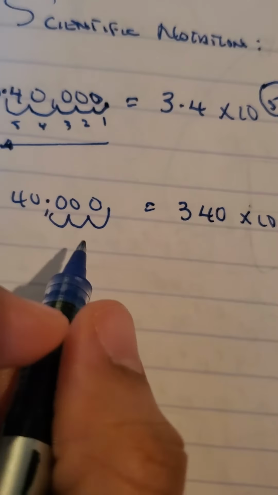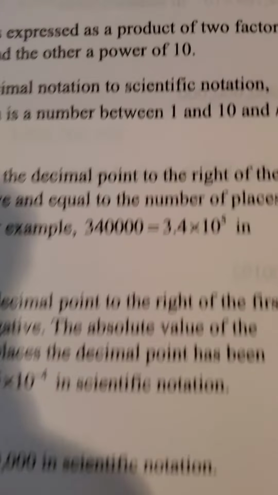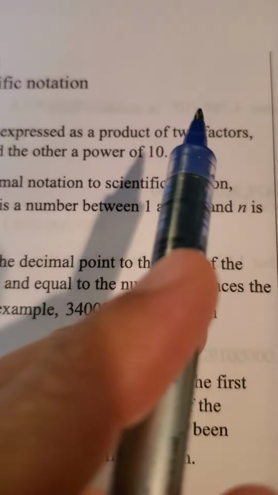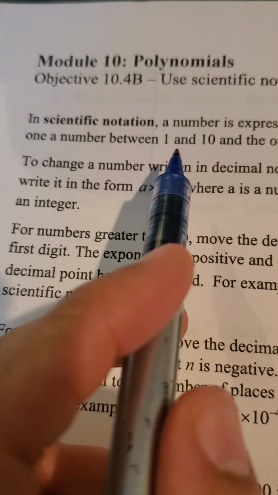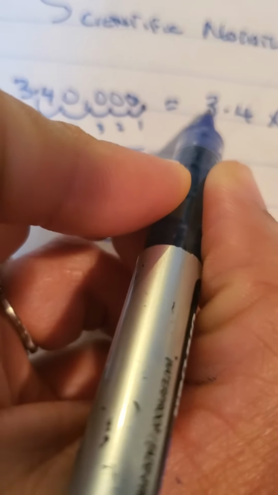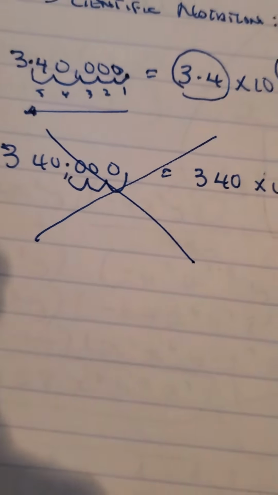So actually, remember it clearly said that scientific notation is a product of two factors, and that the first factor is usually a number between 1 and 10. And as you can see, 3.4 is between 1 and 10. So this would not be correct.